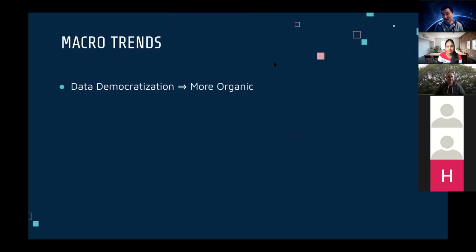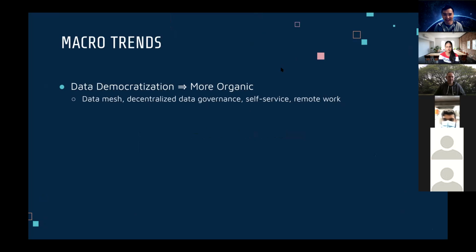Here are some of the macro trends that hopefully you all observe in your day-to-day work. There is definitely a trend of democratization of data, which means things just get a lot more organic, right? You've probably heard of data mesh, decentralized data governance, self-service, remote work. All of these factors are driving more and more democratization of data.